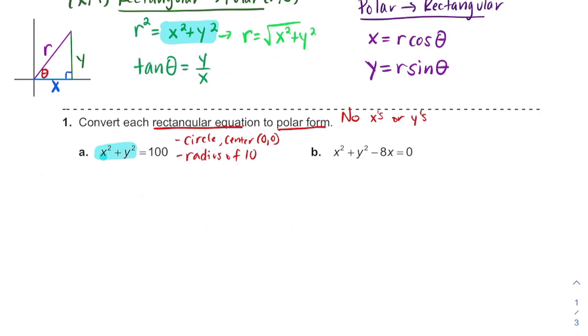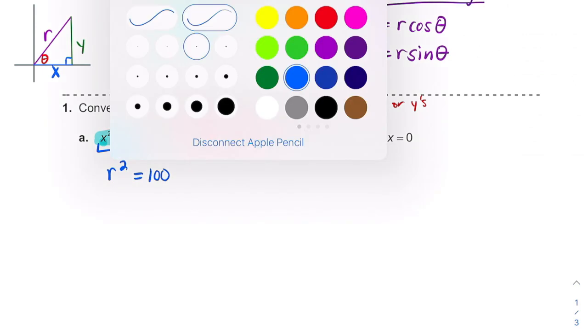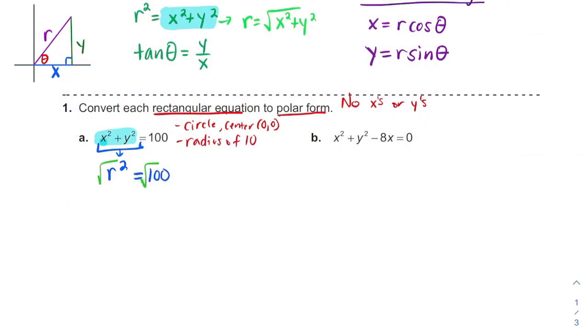So that means that we can make a substitution of r squared in the place of x squared plus y squared. Making that replacement, this means that r squared is equal to 100. That's pretty simple. In one small substitution, I got rid of the x term and the y term. The only thing left is a number and r squared. The last thing we want to do is square root this equation, so that we solve for r, just like we solve equations for y if we can.